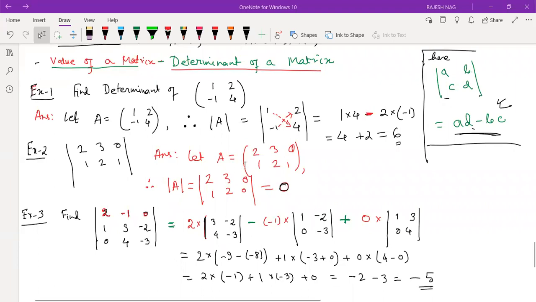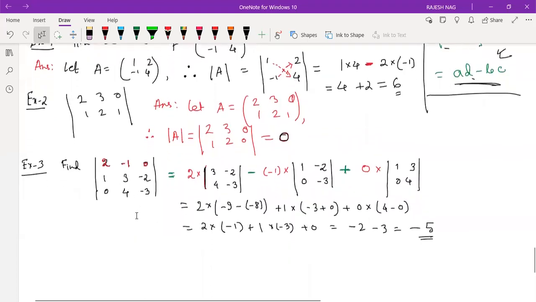Okay, so this is called the cofactor of the first term, the second term is called the cofactor of another thing like this. For example, this determinant is the cofactor of 2, this determinant is the cofactor of -1, this determinant is the cofactor of 0.